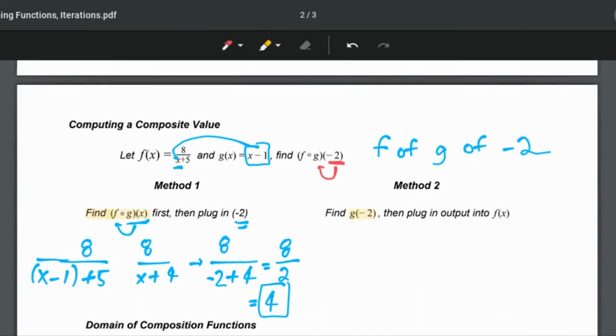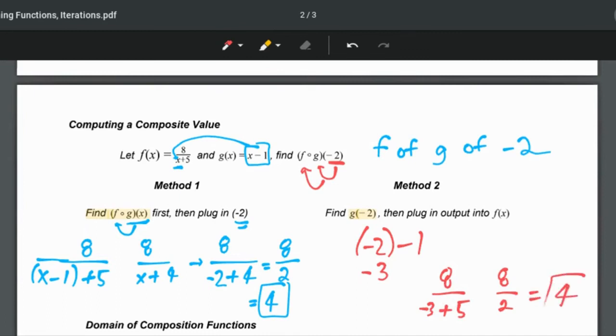Well, g of x is x minus 1. So we take negative 2 minus 1, and that gives me negative 3. Then I take that answer and substitute it into f, which says 8 over something plus 5. That something is negative 3. So I have 8 over 2, and 8 over 2 is 4, which is, of course, the same answer we got using the first method.